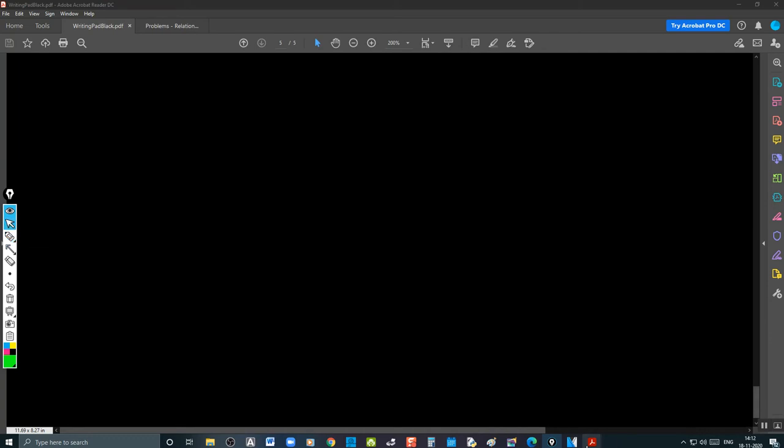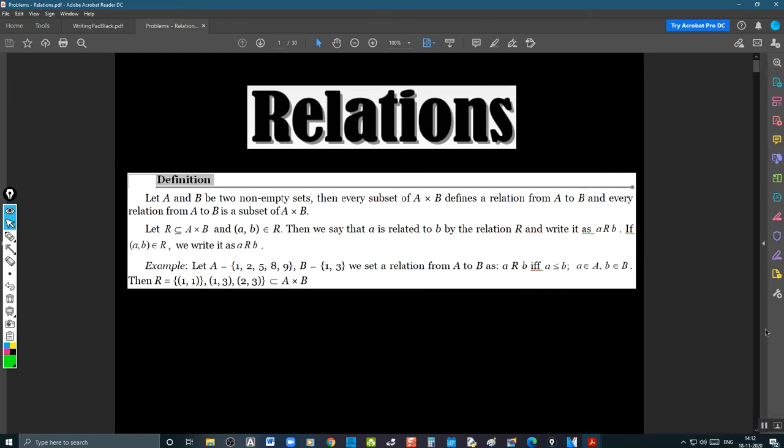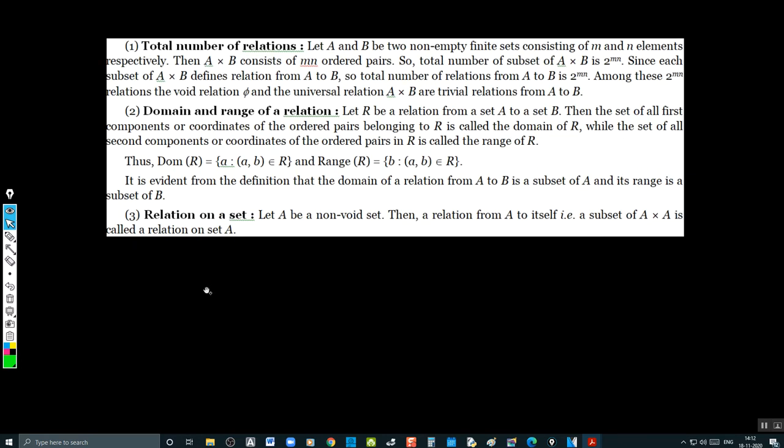Now let us enter into this one. That's what is mentioned here, and I explained it now. This is A cross B, which contains the relation. So a relation is a subset of A cross B, and the domain and range of the relation: the first element is the domain, and the range is the second element.